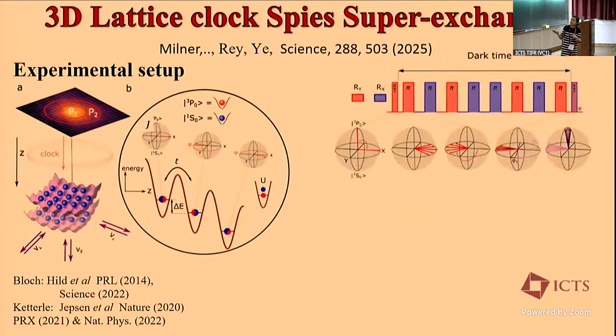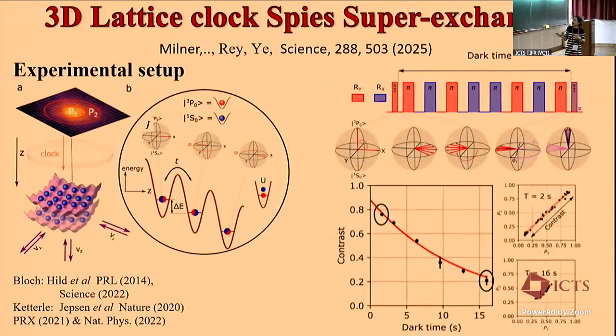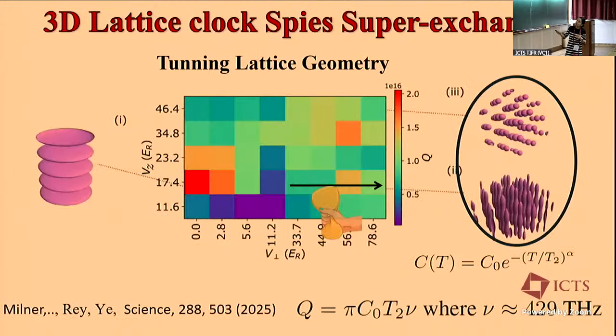So basically, in addition, we have been able to implement new types of dynamical decoupling techniques that allow us to remove some undesired single particle noise. And with that, we have been able to change the lattice depth along the vertical direction and along the horizontal direction, control the geometry of the lattice, and understand how the clock is ticking under different lattice geometries.